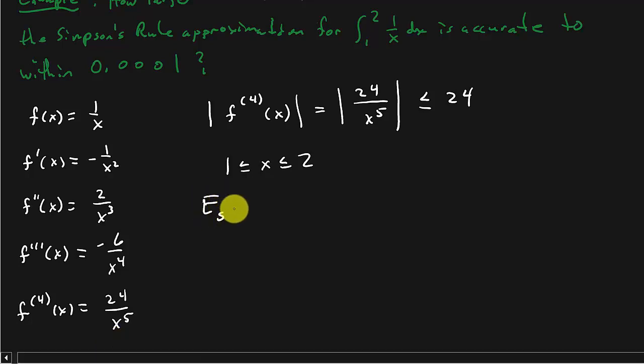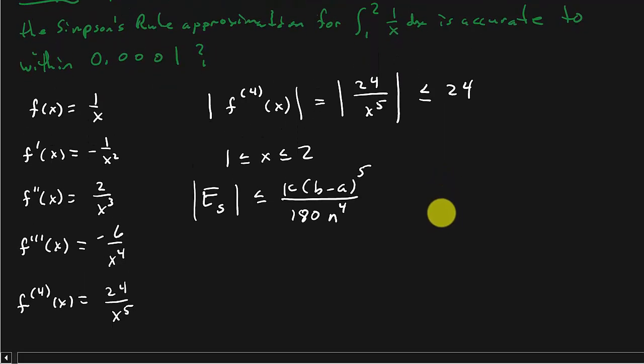All right, so now let's plug everything in. Let's write our formula down. The error is less than or equal to k times (b minus a) to the fifth over 180 n to the fourth.